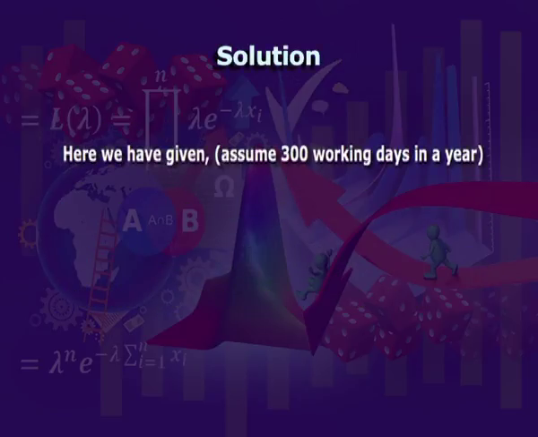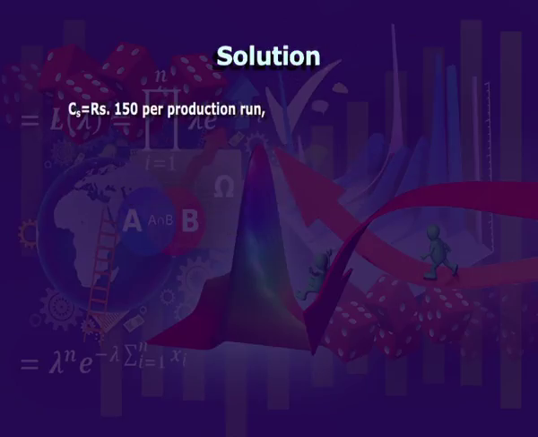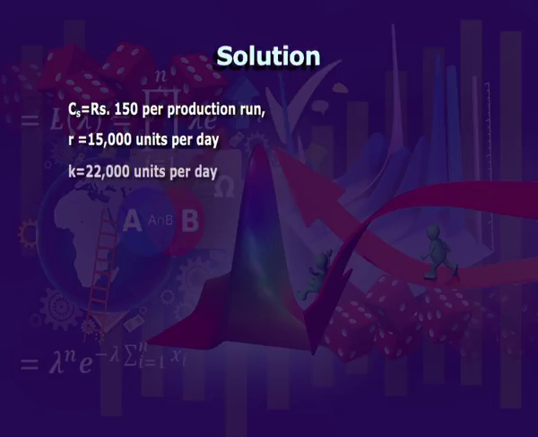Here we assume 300 working days in a year, then D equal to 15,000 into 300, which is equal to 45,000,000 units per year. C1 equal to rupees 3 per unit per year, CS equal to rupees 150 per production run, small r equal to 15,000 units per day, K equal to 22,000 units per day.